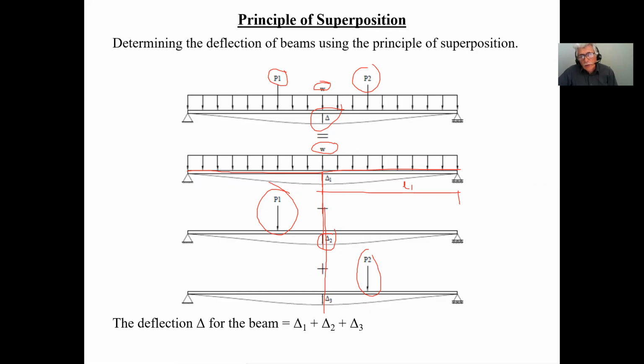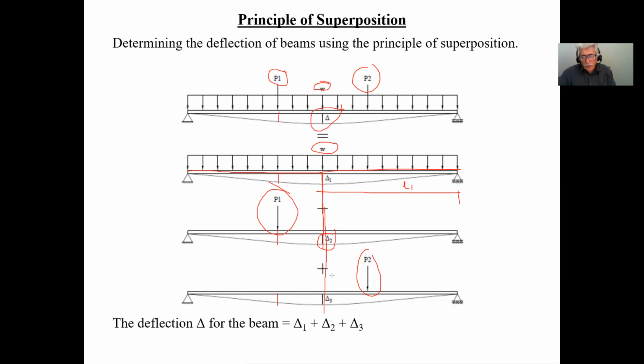And of course, this is where you're always looking at the same location. So for example, if I wanted to calculate the deflection at this point here, then I would have to calculate the deflection at that point there, and that will give me the same value there, and so on and so on, okay?